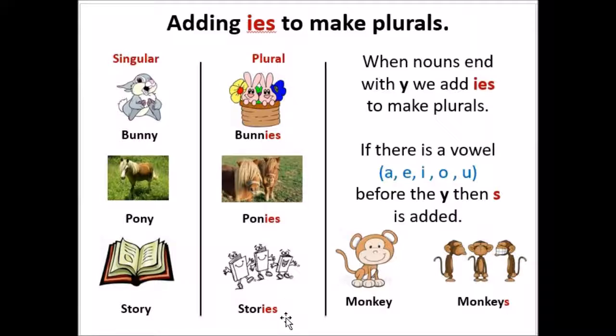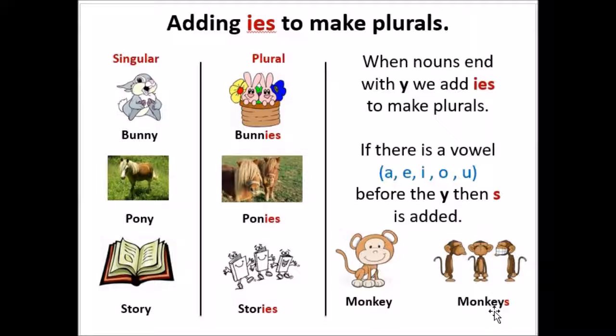It becomes stories. But if there is a vowel, if you remember what vowels are, we talked about them with the long and short sounds. Vowels are the letters A, E, I, O, and U. If these letters come before the Y, then we only add S to the word to make it into the plural. That's like monkey and monkeys.